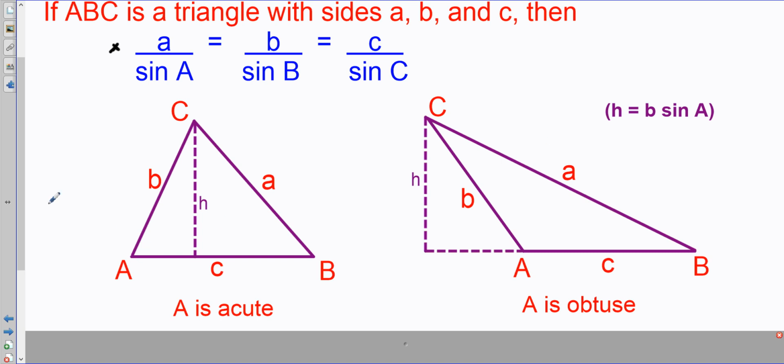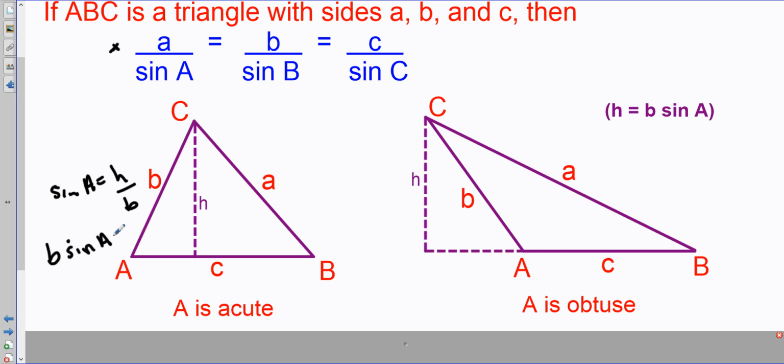The sine of angle A is going to equal the opposite side, h, over the hypotenuse, which in this case is b. Solving for h, we have b times sine of A equals h.